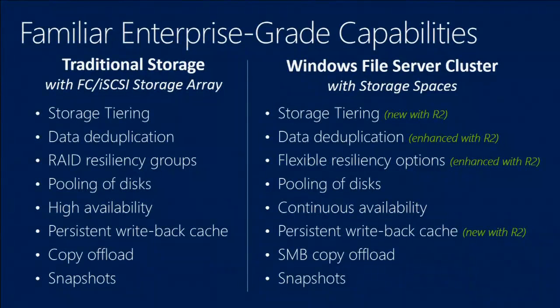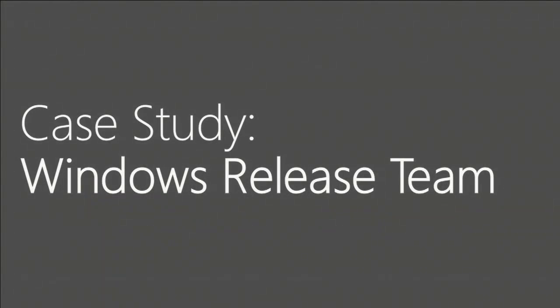And from the capabilities point of view, we further enhance this with R2, so we have much more parity with what's available with a storage array. Both have storage tiering. Both have a form of data deduplication. Both have storage pooling. Both have availability. Both have a write-back cache. Both have offloaded copies. Capabilities, architecture, and components, very similar.